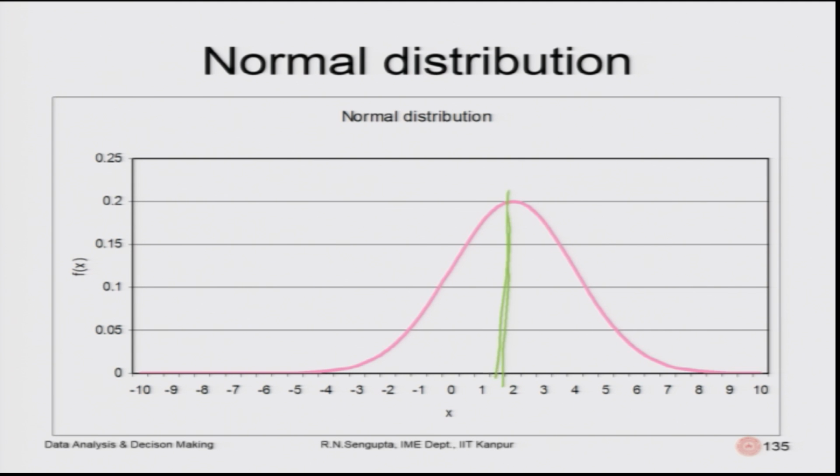So, this is the mean value, mu, and this is also the mode and also the median. Mode is basically the highest value, and median is the point which divides the total distribution into two parts, 0.5 and 0.5.